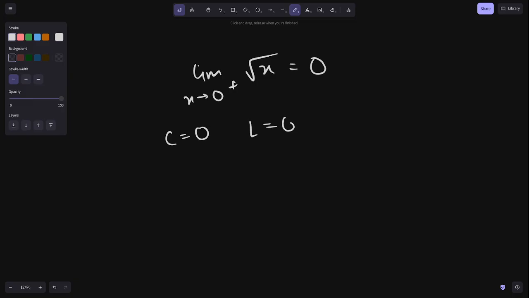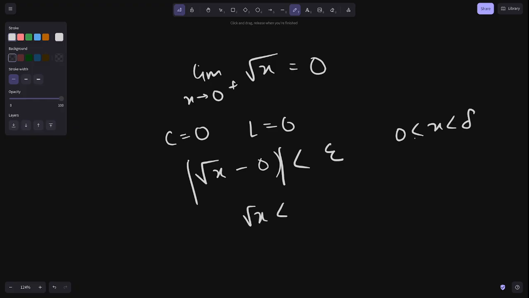So we need to find some delta such that modulus of root x minus 0 is less than epsilon whenever 0 is less than x less than delta, or root x less than epsilon. If you square this, you get x less than epsilon square.